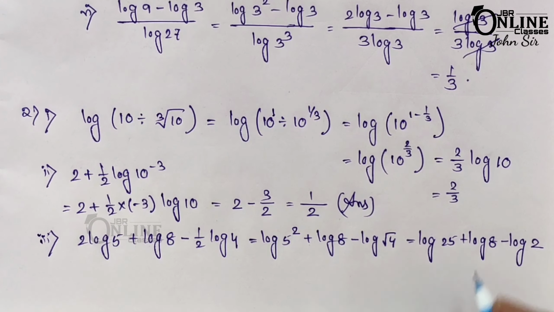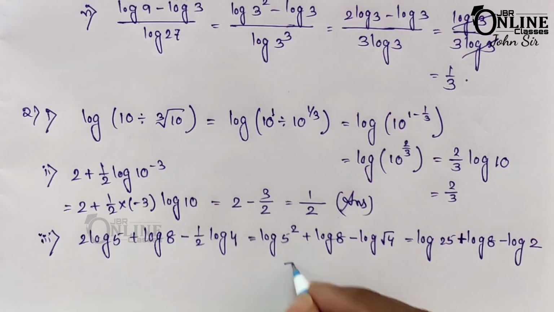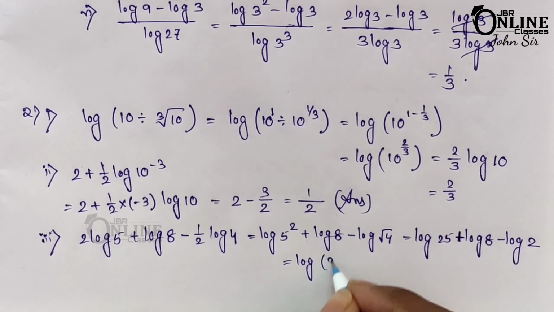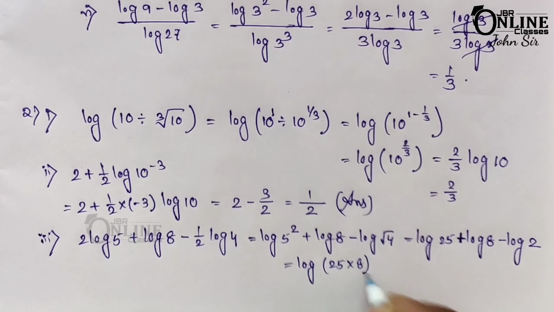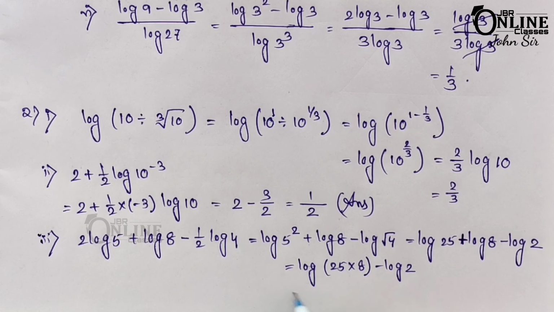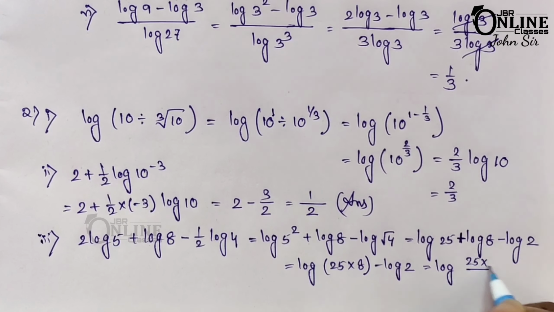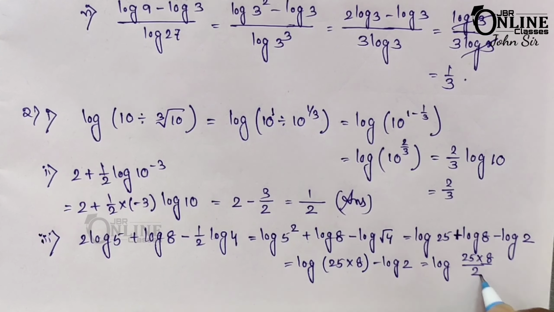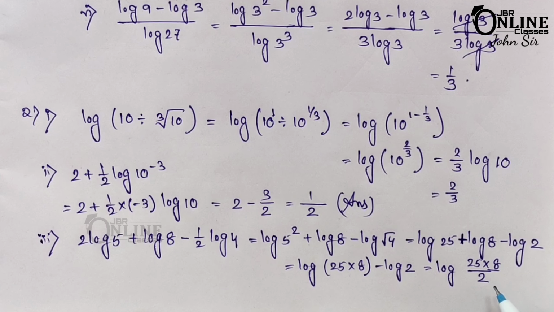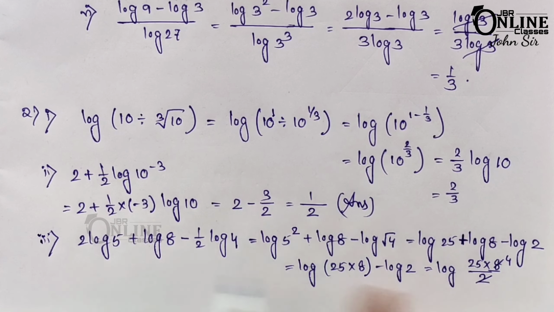You know that when there is an addition, it will be multiplication, that means log of 25 into 8, then minus log 2. If there is a subtraction, it will be division, so finally log of 25 into 8 divided by 2. It will be 4, that means log 100.